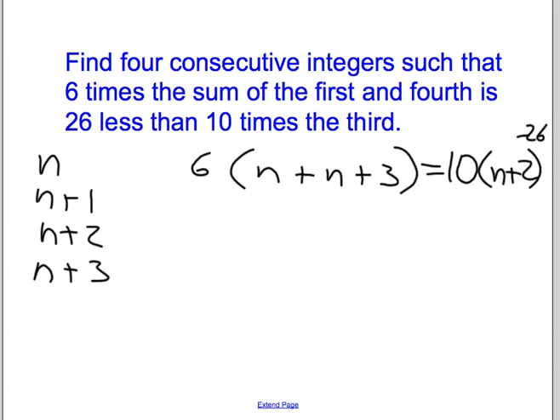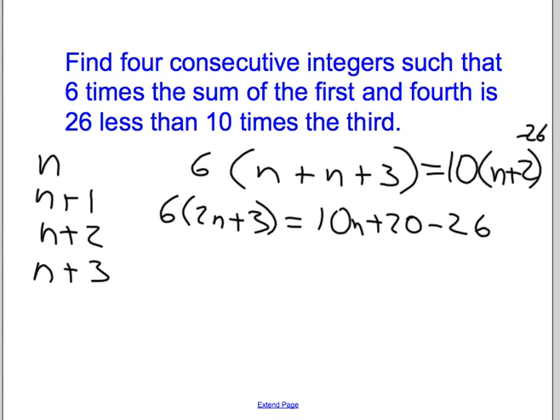Then simplify here, so we have 6 times 2n plus 3 equals, I'm going to distribute the 10 through, 10n plus 20 minus 26. Continue my algebra, 12n plus 18 equals 10n minus 6. And then I'm going to subtract 10n from both sides because I'd rather have the positive n.